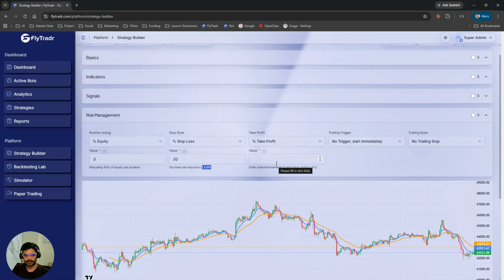So it's better to have some profit levels as well, so that you can lock in your profits if your strategy goes to that point. For a 1 to 2 risk to reward, which is most commonly used, our profit level should be 4%, because our stop loss is at 2%, so twice that. Now with this, our risk management is in place.